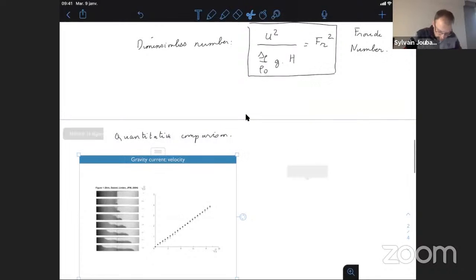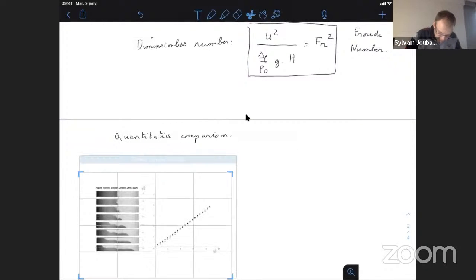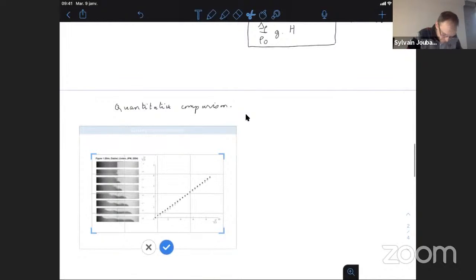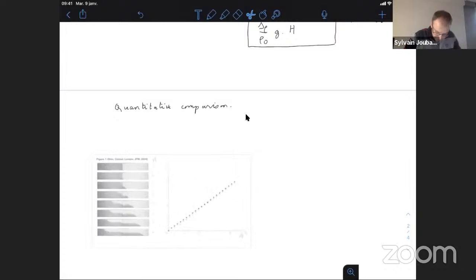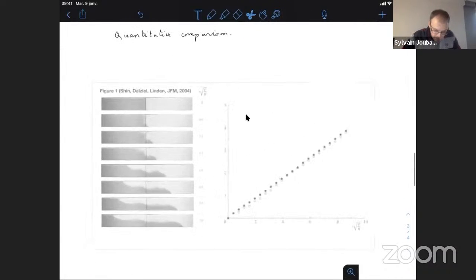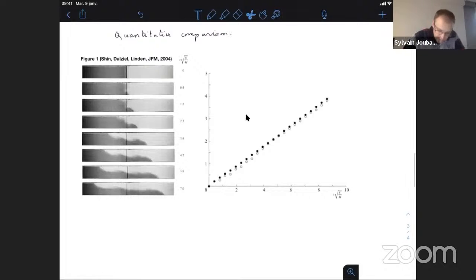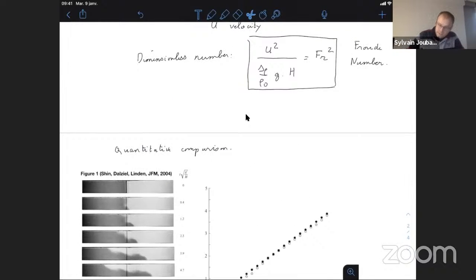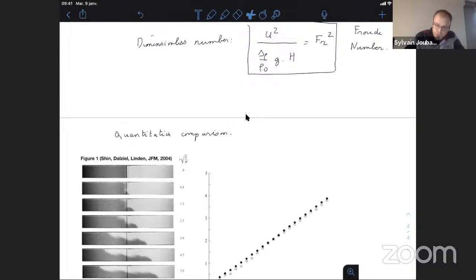Okay. So in this one, what you can see is that you track the position of the interface as a function of time. The time has been rescaled by a time scale given by this formula, and this time scale is g prime over h. g prime is the reduced gravity and is always given by the density difference divided by the mean density, times g.